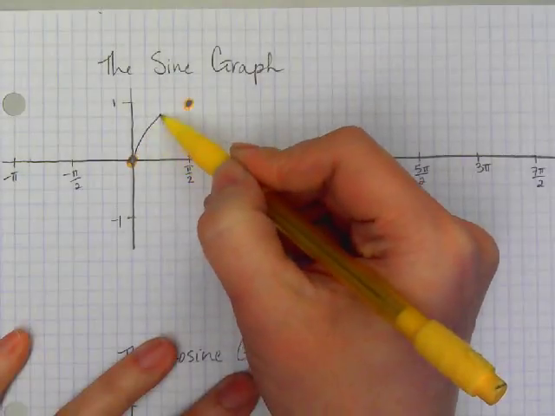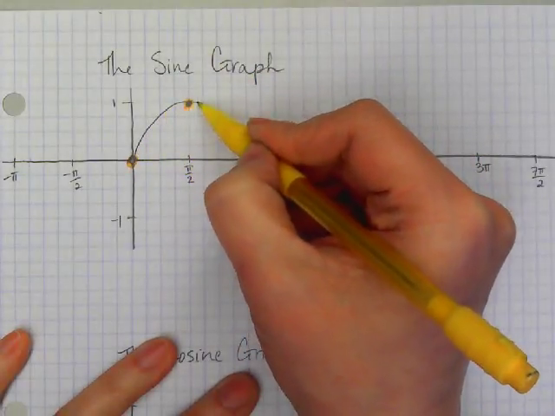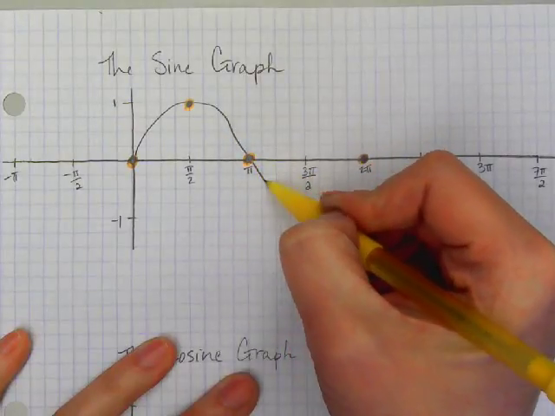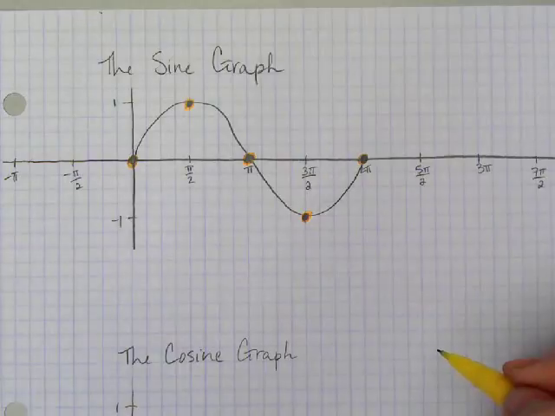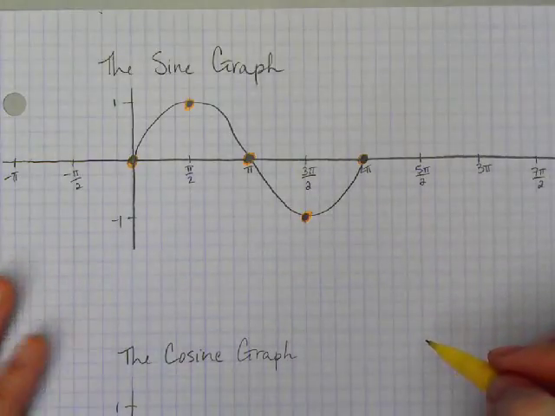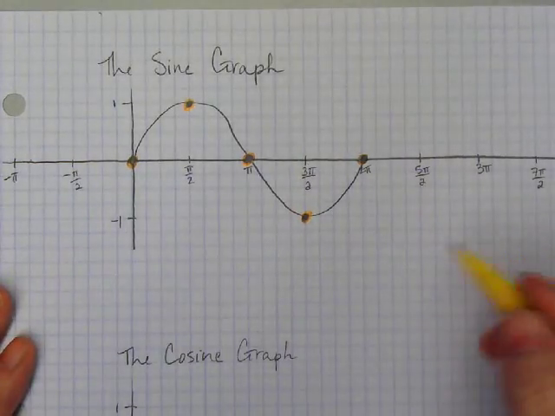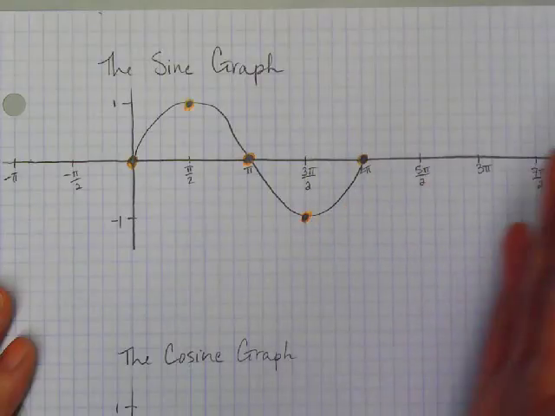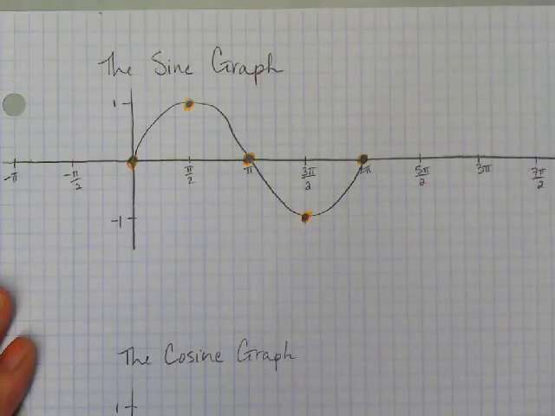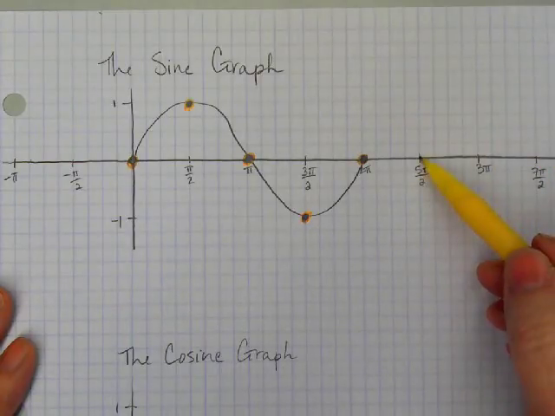So if I continue forward, what would be the next point that I would put on the graph? If I go further this way, would it be -1? +1. So I'd be up here. And where would I go from there? 3 pi, 0.